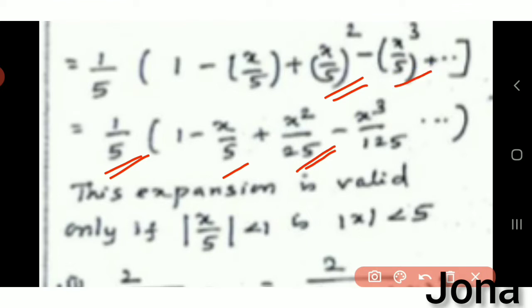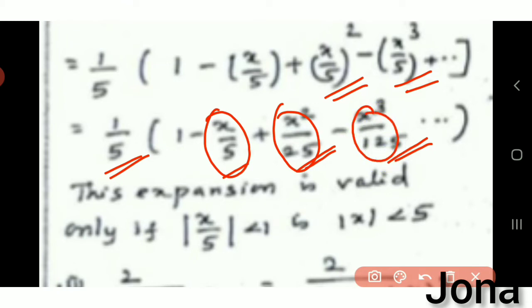So we have 1 by 5 into 1 minus x by 5 plus x square by 25 and then x cube by 125. Here instead of x we have x by 5, here x by 5 the whole square, here x by 5 the whole cube, isn't it?